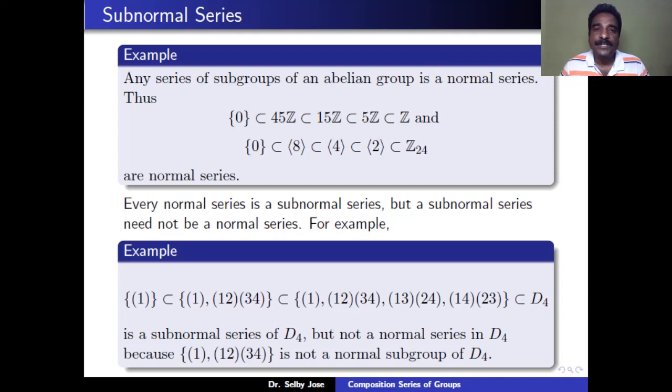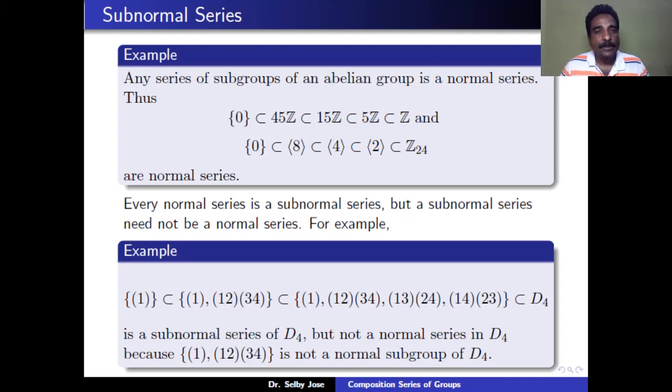These are the 12 elements of the cyclic group generated by 2, which contains the cyclic subgroup generated by 4, which contains the cyclic subgroup generated by 8, which contains the identity. This series is also a normal series because Z24 is an abelian group, and each subgroup is a normal subgroup of the group.